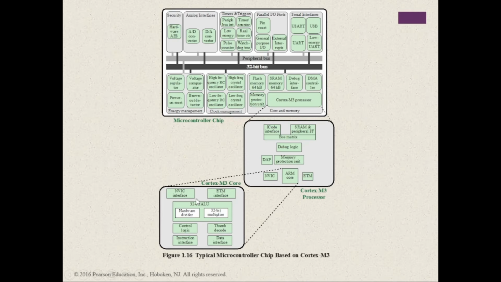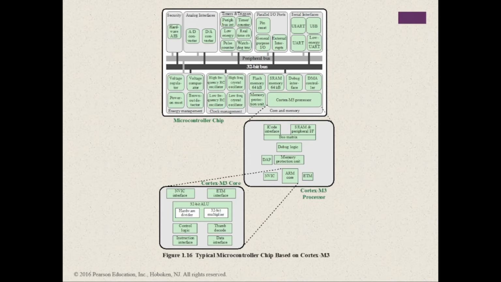The NVIC provides considerable interrupt handling abilities to the processor. It facilitates low latency exception and interrupt handling and controls power management. Next we have the ETM, an optional debug component that enables reconstruction of program execution.